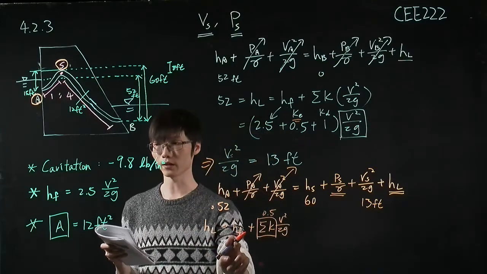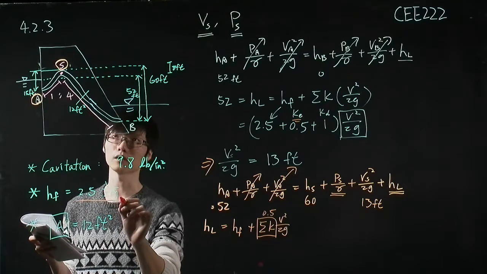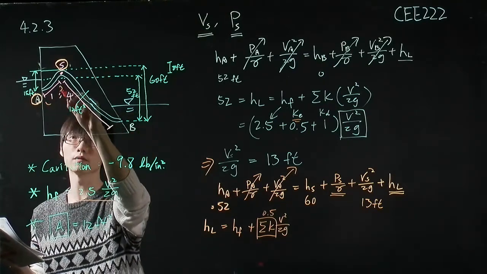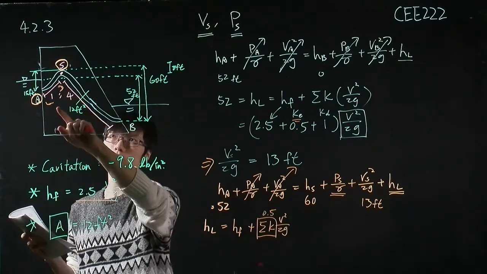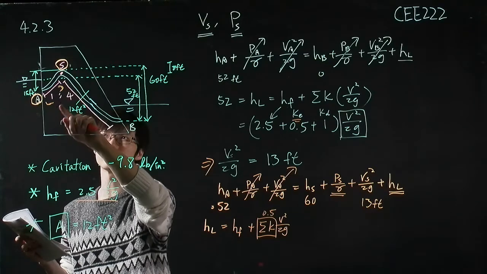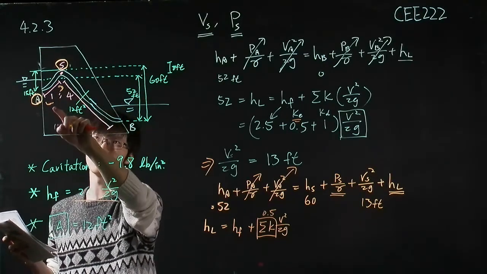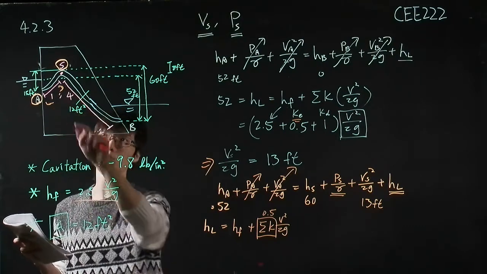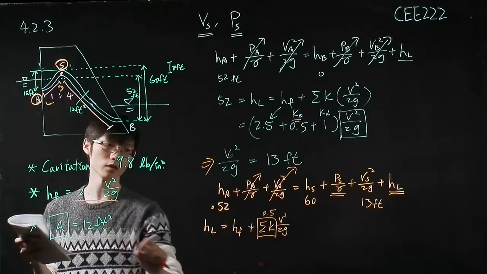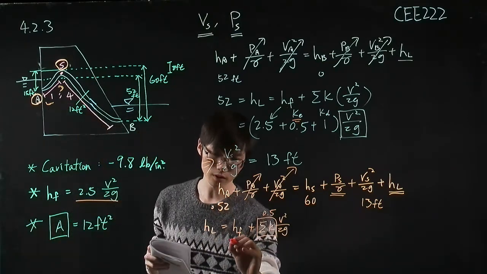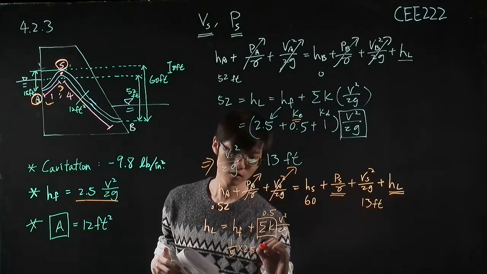How about the friction head loss? The friction head loss that the problem tells us is equal to this part, but now we only consider the first segment of the spillway, which is the distance ratio between this segment and this segment are equal to 1 to 4. Okay, so the friction head loss for this part is only 1/5. So this is 1/5 times 2.5 velocity term.